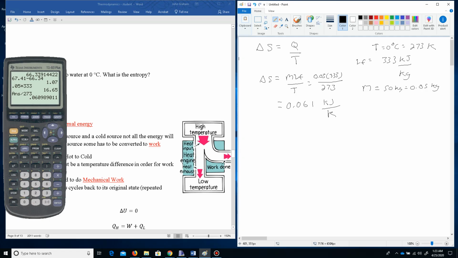Right, so we can multiply that by 1,000 if we wanted to. And we get 60.99 joules per Kelvin. All right.